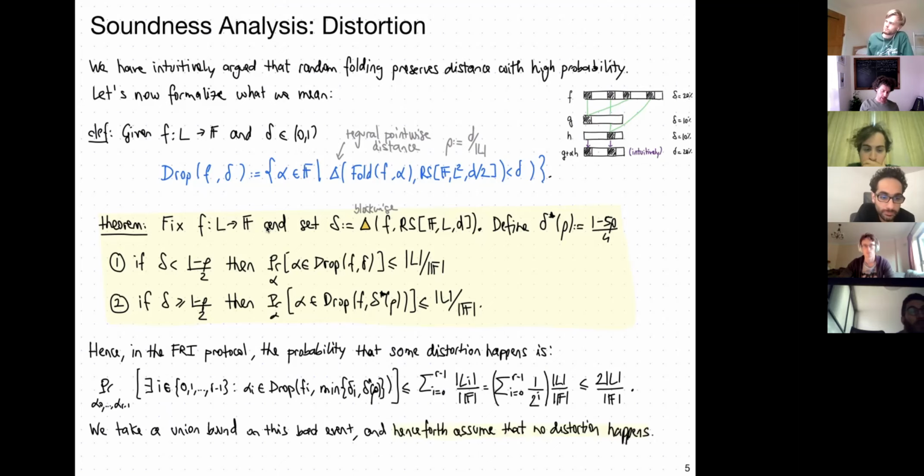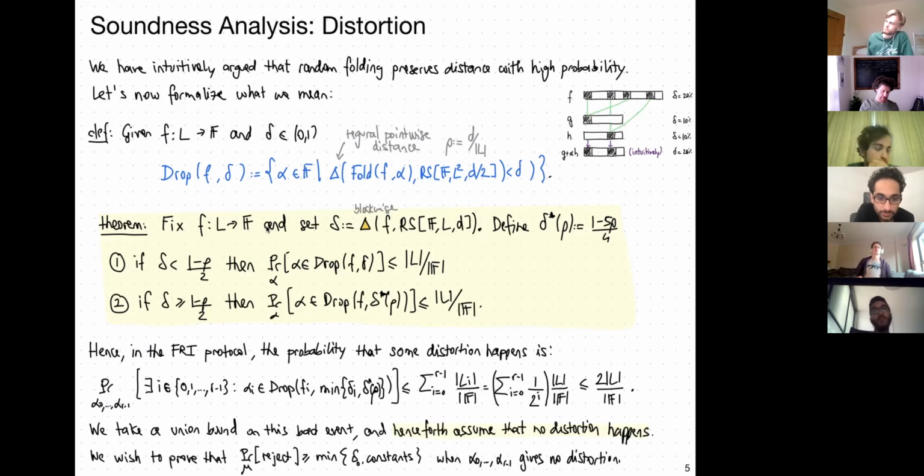So this is what it said, and what we want to do is the following. For now, let's assume that there is no distortion at all, that we never hit this bad event, which happens with tiny probability.